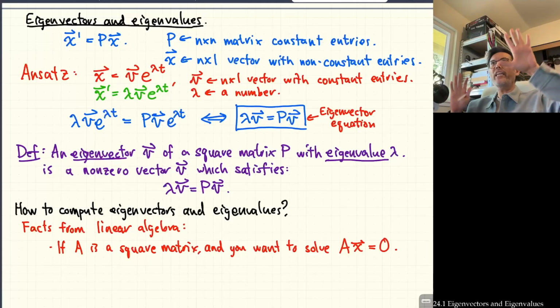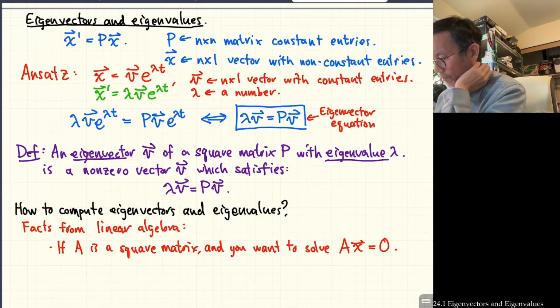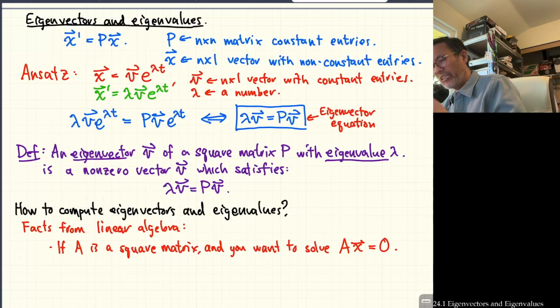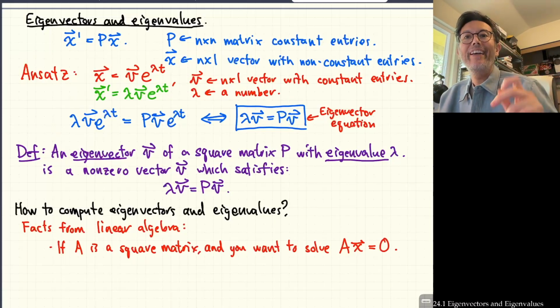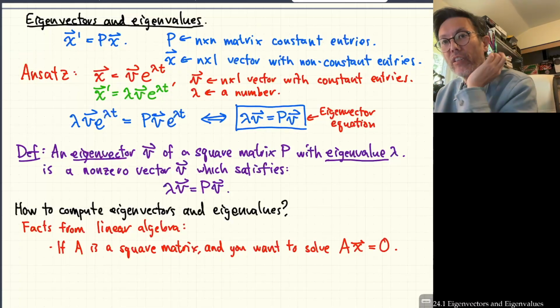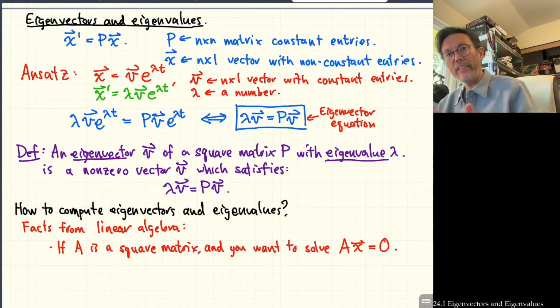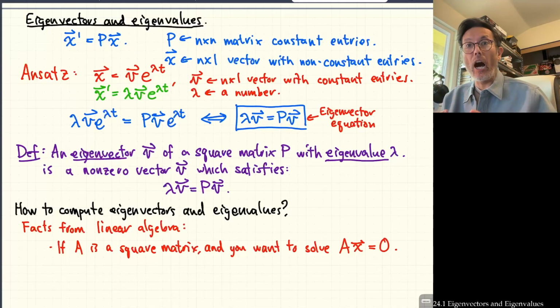You do A times x, and what you want to see is the 0 vector. You want to find x which makes that happen. One obvious solution is x equal to 0. But let's say that you want a solution which isn't stupid like that. That's sometimes called the trivial solution.